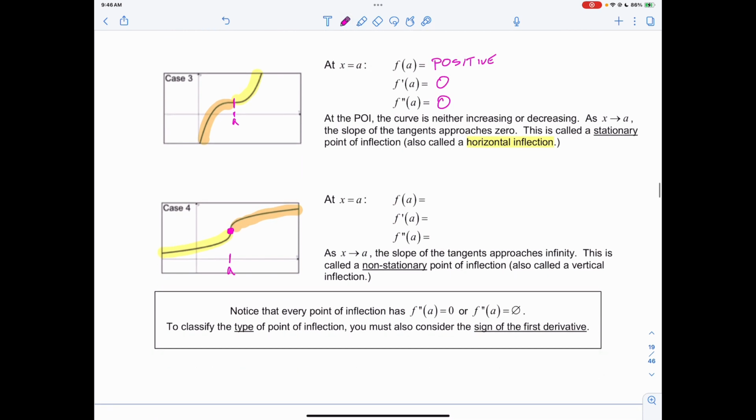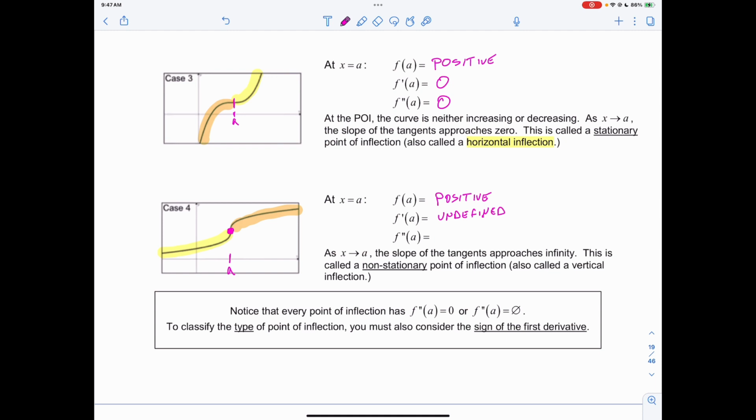And for the last case, once again, my function is positive, but because it's occurring on a vertical line here, my slope would be undefined. And remembering that every time that we take a derivative, the domain has to be a subset of the original function.